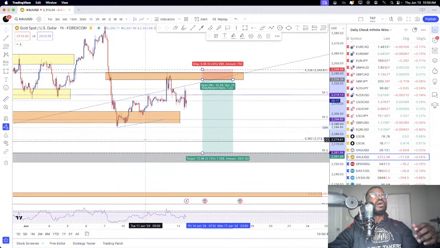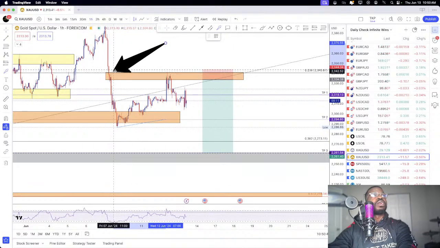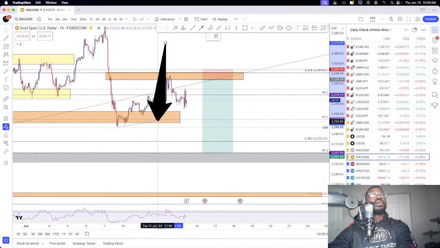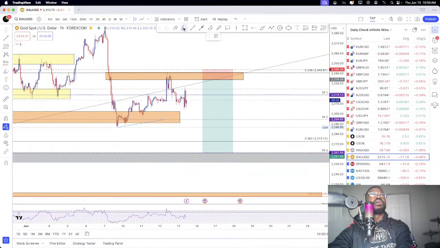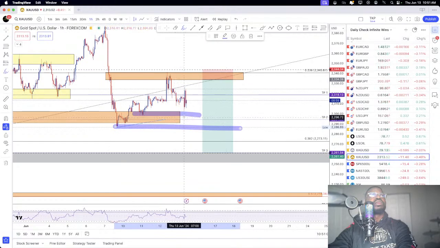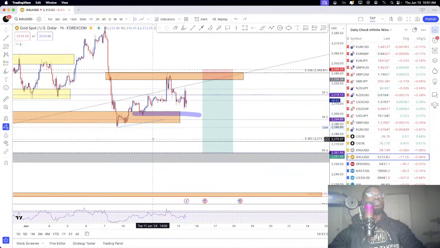So on gold, this thing rejected right here at this level, but it also left all of these lows down here. If price does not reject either here or here, we will get a break. Now, how low price goes after that break is to be determined.